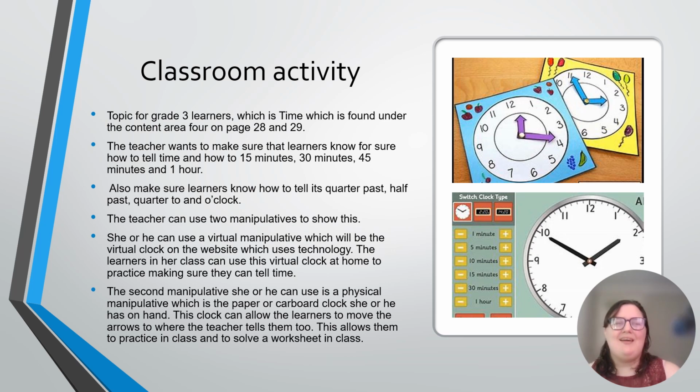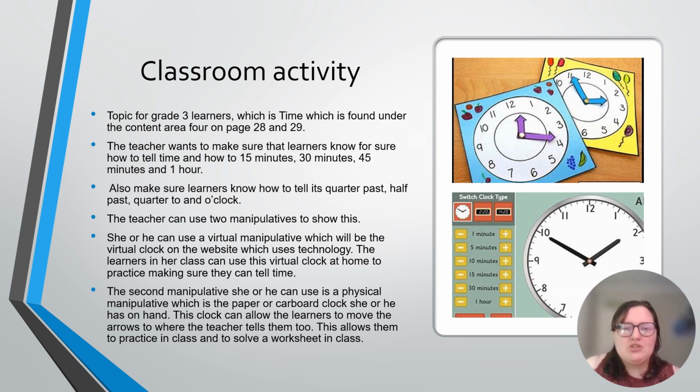Now, let's take a look at a classroom activity that a teacher can teach her learners or his learners using both virtual and physical manipulatives. The topic that is chosen is time, which is found under the content area 4 on page 28 and 29. This topic is suitable for grade 3 learners.